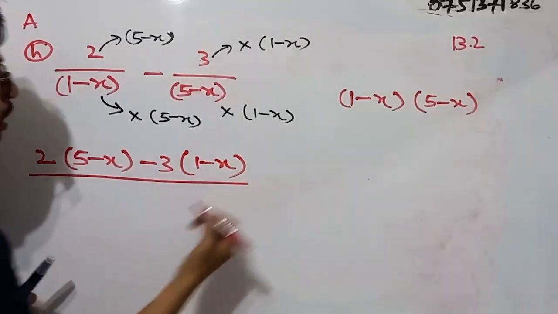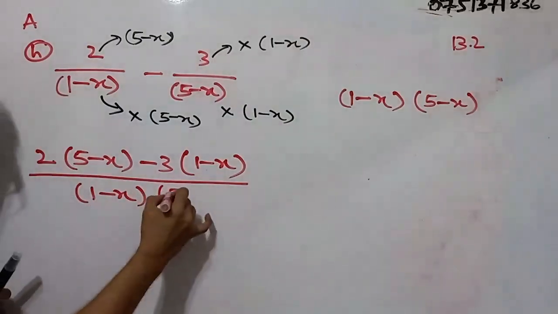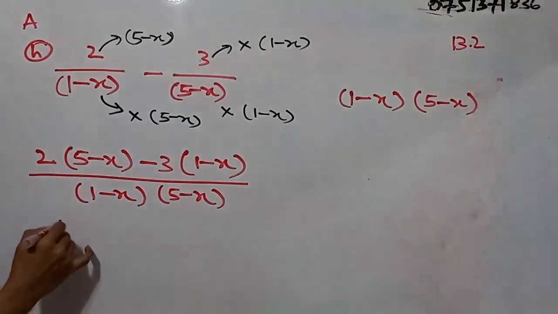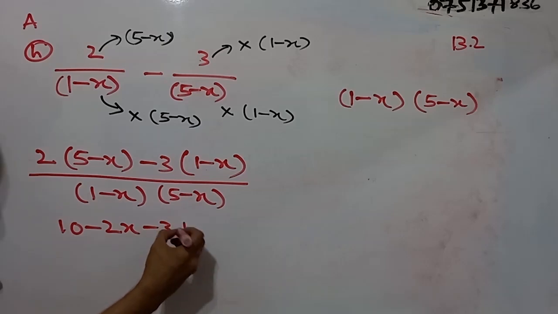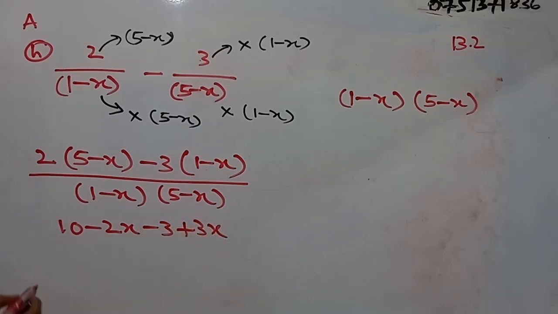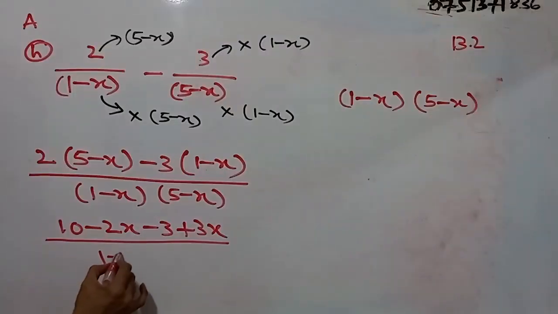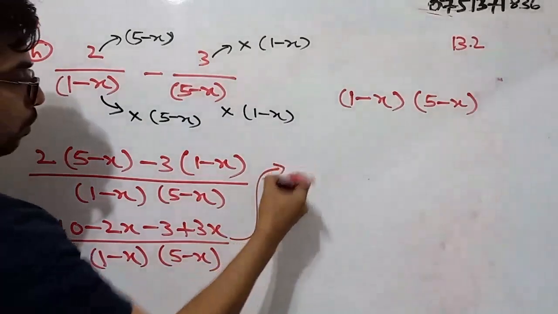So the entire expression needs to be divided by what? 1 minus x and 5 minus x. Okay. So now we will simplify the brackets. So here we have a 10 minus 2x minus 3 plus 3x. So the entire expression needs to be divided by 1 minus x and 5 minus x. Right? So we will continue from here.